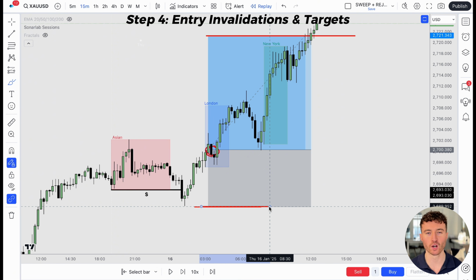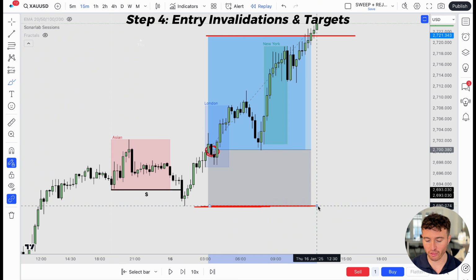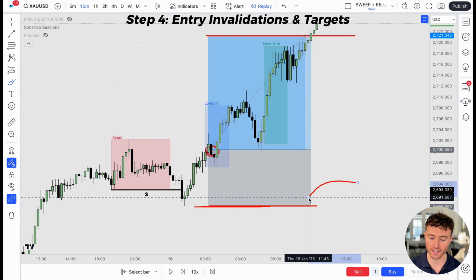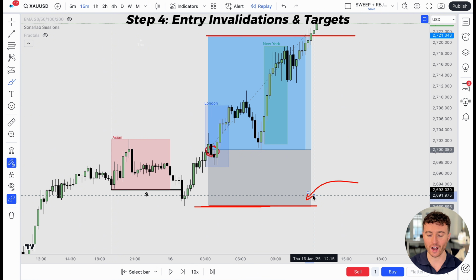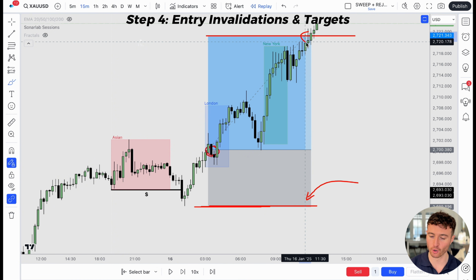You know, you're trading a 100K FTMO funded account, you're risking $1,000 on this trade, and you need to ensure that if this trade hits your stop loss, you've defined your risk and you've accepted how much you're going to lose if this trade hits your stop loss. If this trade hits your take profit, you're going to make $2,000. If this trade hits your stop loss, you will lose $1,000.